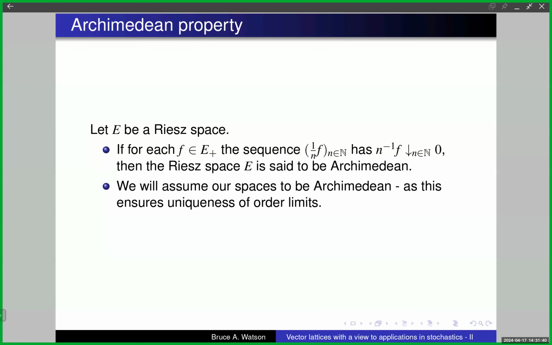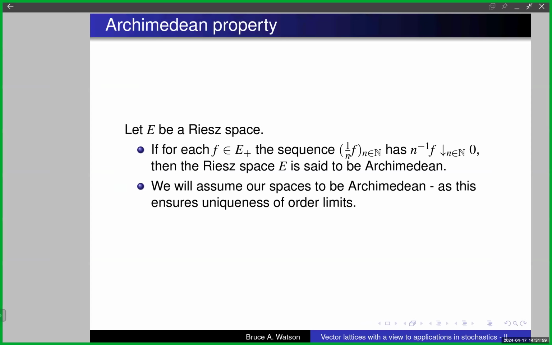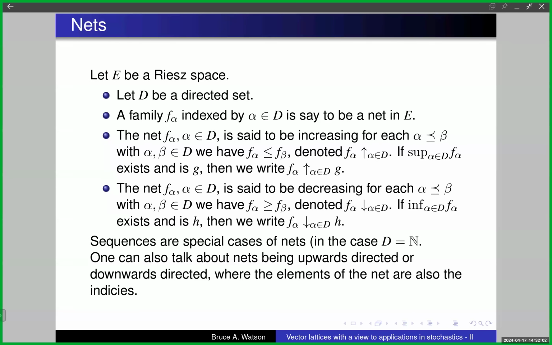So if we start with a respace E, and we take any f in E, and we look at the sequence 1 over n times f. We already know it's a decreasing net. It meets the conditions of a decreasing net.